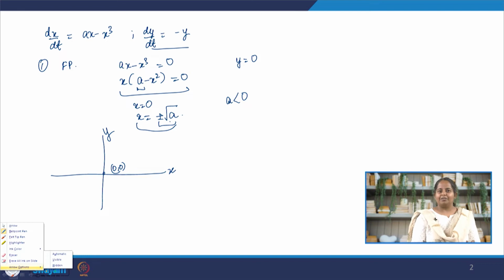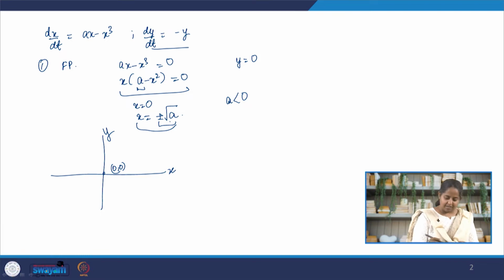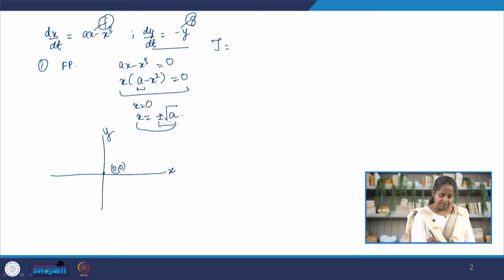Typically, it is for the more complicated systems, or systems that are more calculation intensive, that I like to use nullclines first. Okay, so let us find the Jacobian. Treat this as f and treat this as g, and then the Jacobian is very easy to calculate. This is our Jacobian at (0, 0).